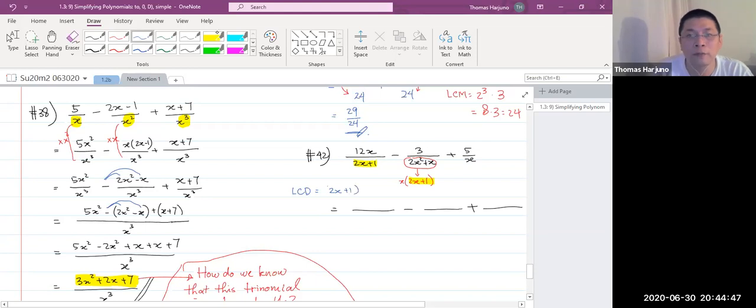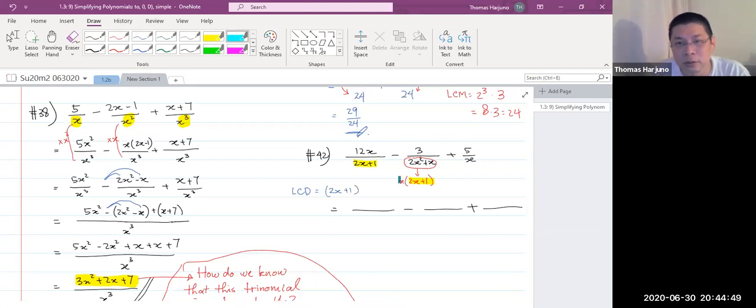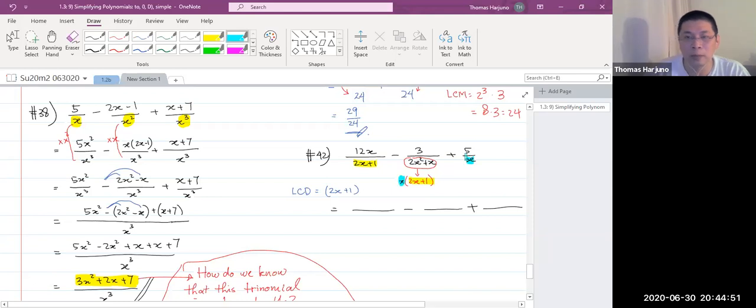So the LCD will consist of 2x plus 1. And we also have x. And they happen to be the same exponent 1. So in my LCD, I have that x also as a component. So you see this x times 2x plus 1 is a multiple of 2x plus 1, and this same LCD here is also a multiple of x, right?